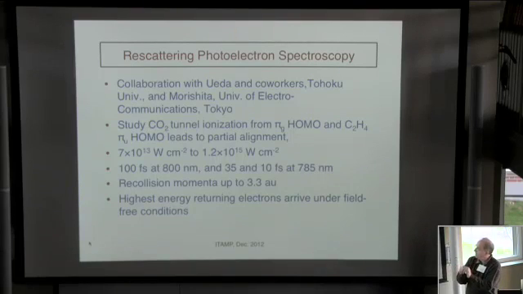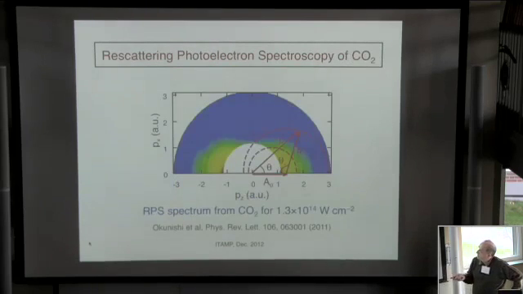But the highest energy electrons that are rescattered, for a given field strength and pulse duration, are the ones that arrive in field-free conditions. Because if any field were present, then by definition they aren't going to be the highest energy electrons produced under a particular set of conditions. So if you look at the highest energy electrons for a given set of conditions, they actually arrive under field-free conditions. So the idea was maybe by looking at those electrons, you could get the field-free electron-ion scattering distributions.